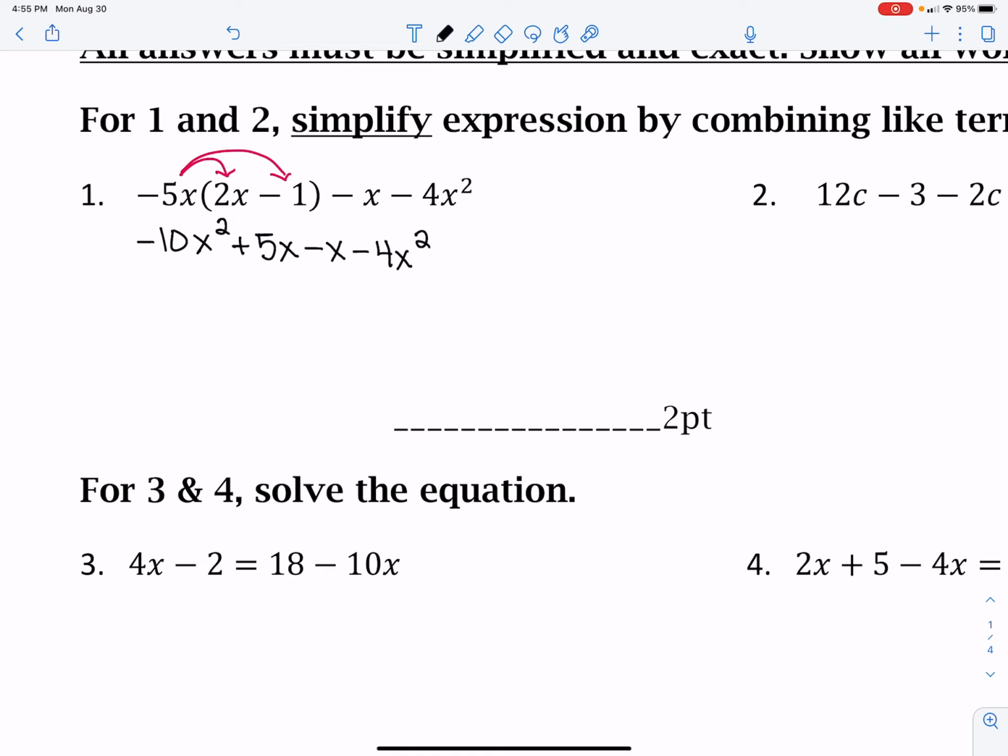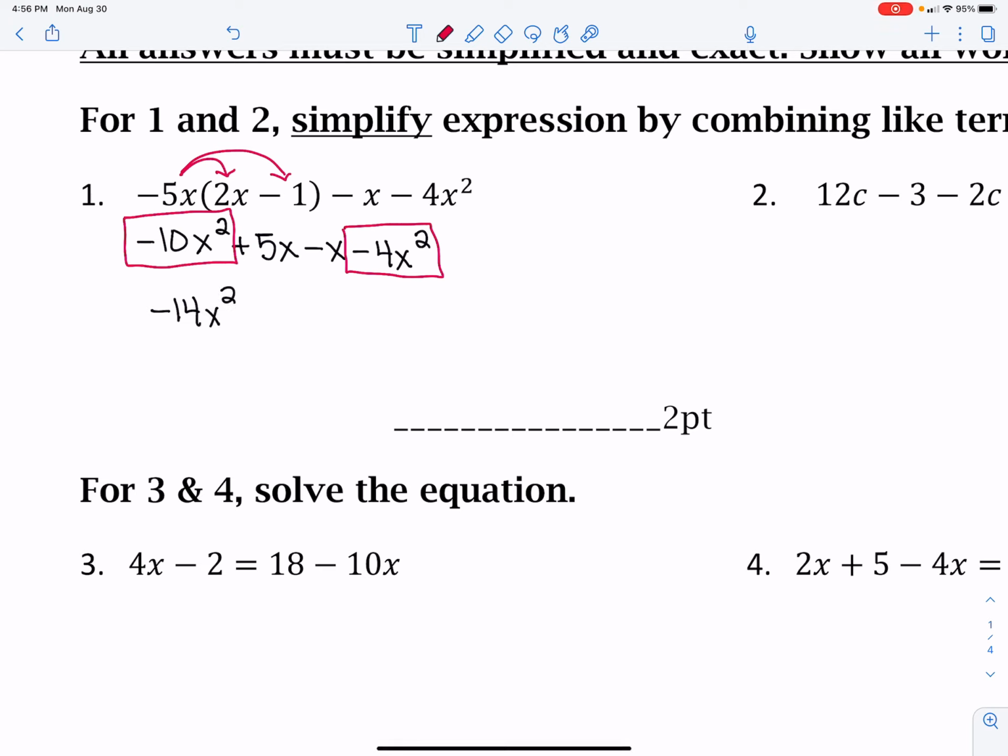Okay, so once we've done distribution, now we're going to go back to see if we can combine like terms. Well, I always start with the one with the highest degree first. A degree is also the highest exponent, that exponent. So those two there will give me negative 14x squared.